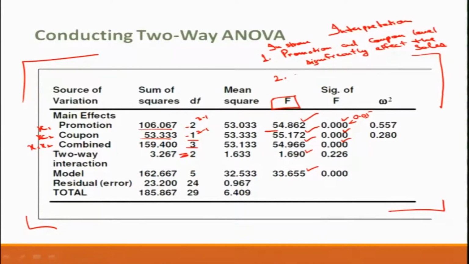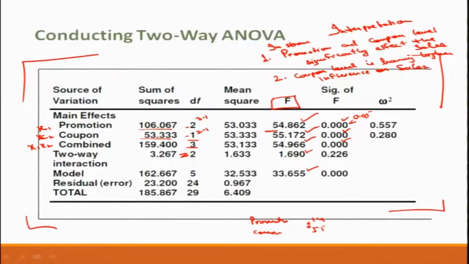We can say that coupon level has higher influence on sales. Suppose that for promotion the F value would have been something like 14, and for coupon level it would have been 55. So we can test the significance also. Is the difference of these two values significant or not?